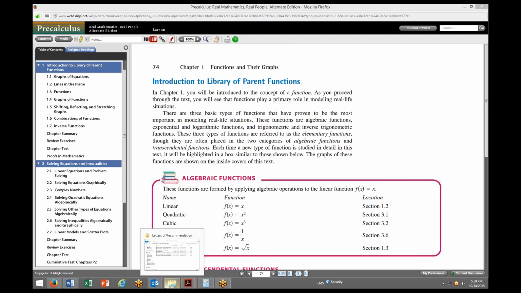And with these graphs, along with sketching the graphs of the equations and functions, you will also be asked to identify and state certain information about the graphs. For instance, you may be asked to tell the coordinates of the x-intercepts and the y-intercept.